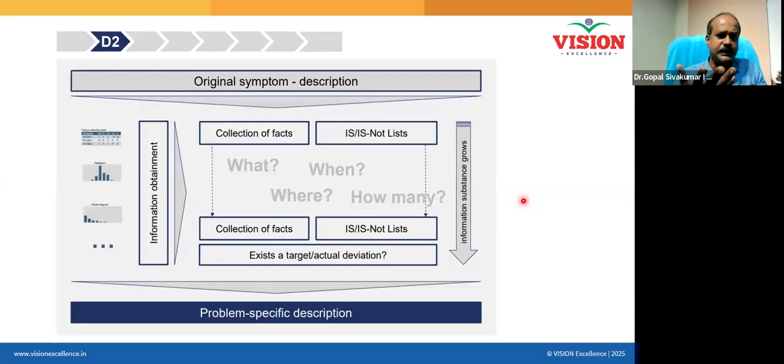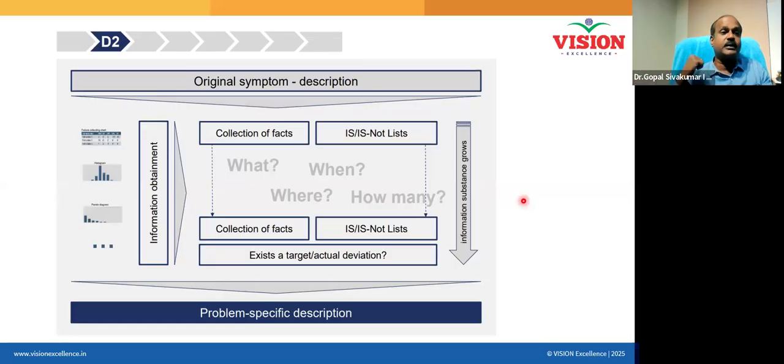It can be first pass yield, or customer complaint, or CPCPK, or processing time, or cycle time, or lead time, or a proper metric, percentage on-time delivery, number of incidents, and the current state and the desired state. Hope you are with me. If you have answers for all these things, the problem is described well.